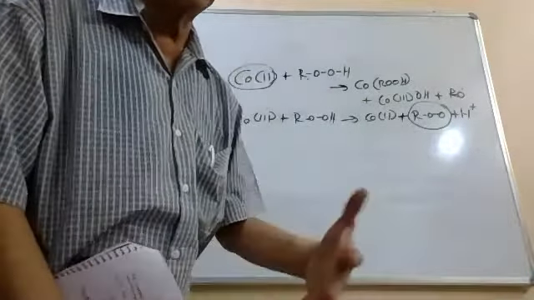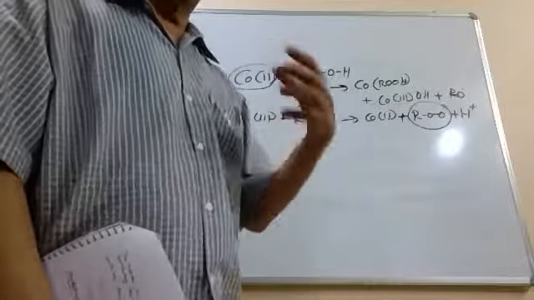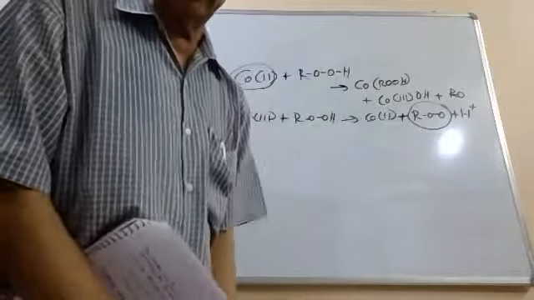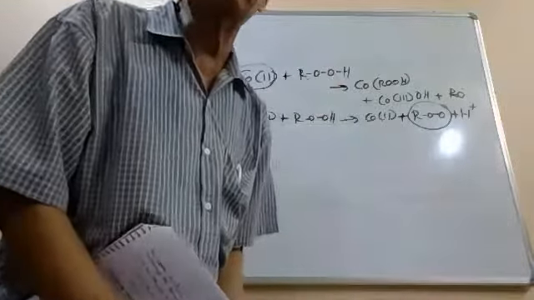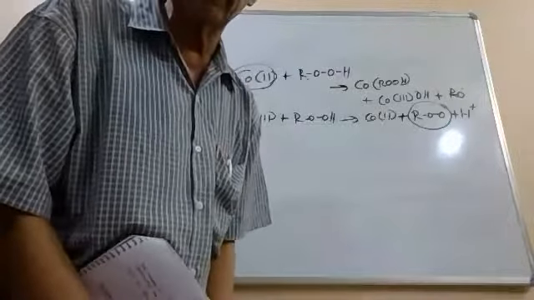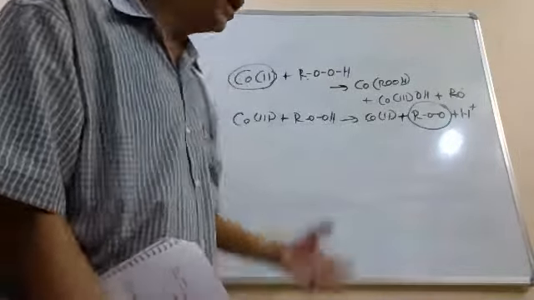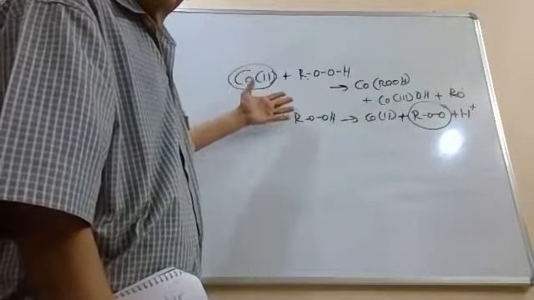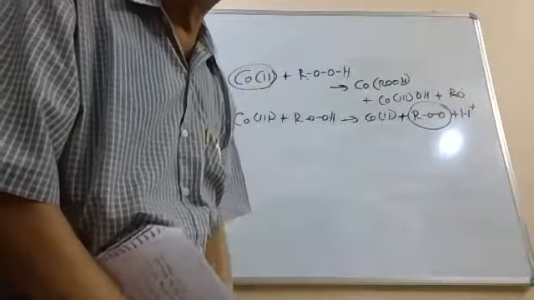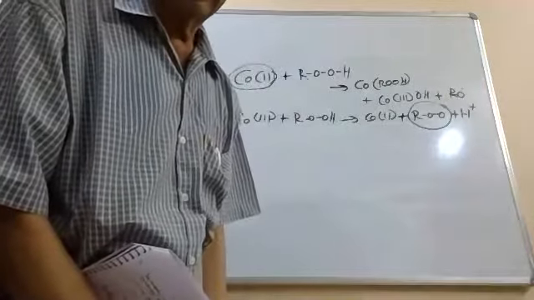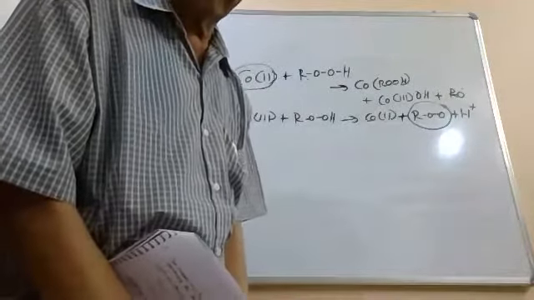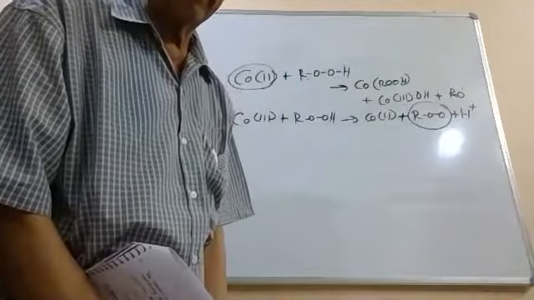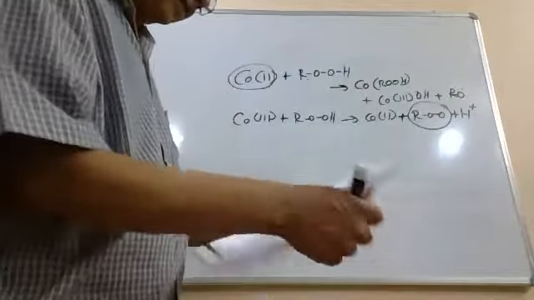So this is not insertion, this is not elimination, this is not an attack on the coordinated ligands. Remember, we talked about 5 different processes in homogeneous catalytic processes. So whenever an example like this is given in the exam, you must recognize this is a classic example of oxidation and reduction. Did that answer your question, Gurveer? Yes, thank you. All right, good.